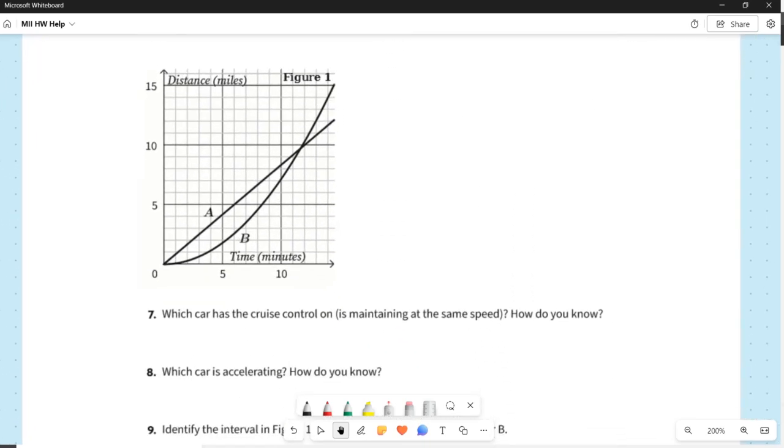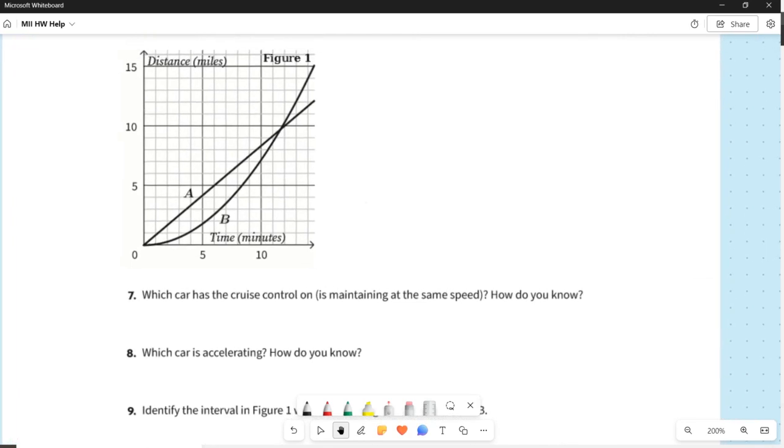And there's our graph. Question 7 asks us, which car has the cruise control on, or in other words, is maintaining the same speed? How do you know?